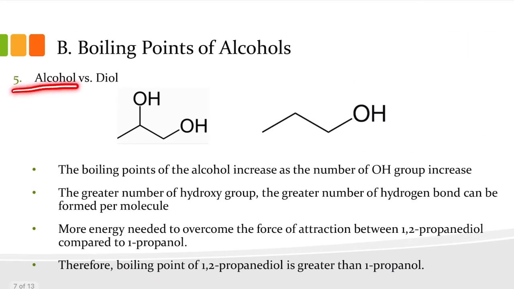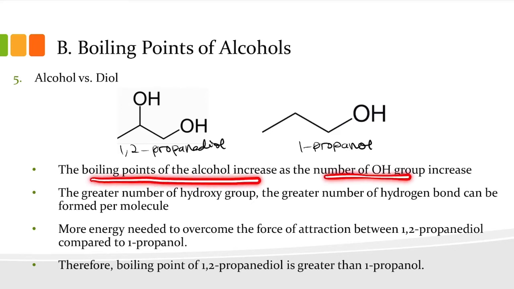So the last category is alcohol versus diol. For this comparison, we have two structures of alcohol, one structure with 1 OH group and the other structure with 2 OH groups. The name for this compound is 1,2-propanediol and the other one is 1-propanol. For your information, the boiling point of alcohol increases as the number of OH groups increases.